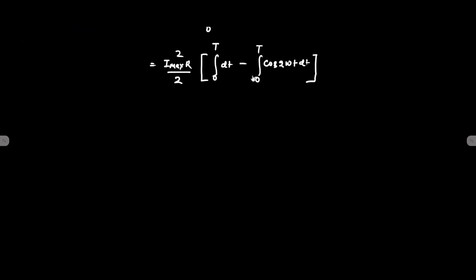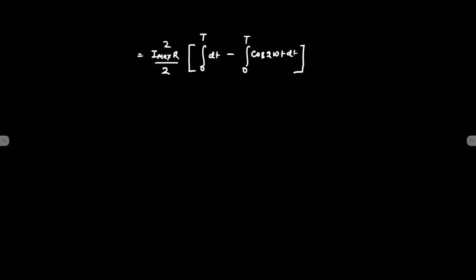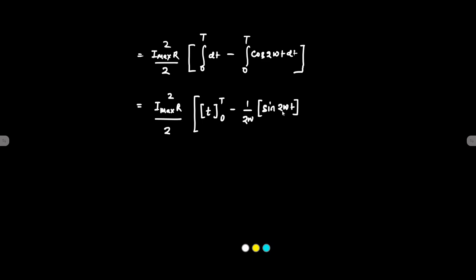Now we can write it as I max square R by 2, integration of dt becomes t with upper limit capital T, lower limit 0, and this is 1 by 2 omega sine 2 omega t, because here 2 omega behaves as a constant since we are integrating with respect to t.